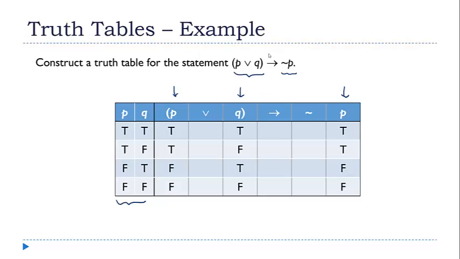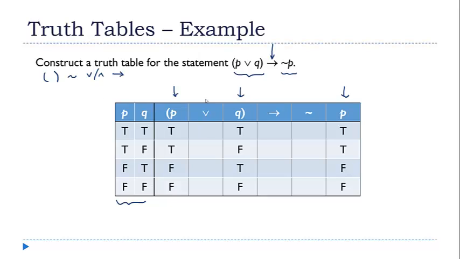And speaking of that order, we have a new symbol here, right? We have this implication, this conditional. Conditionals in our order come last. So our order is parentheses first, then negations, then ors and ands, and finally at the very end we do conditionals.